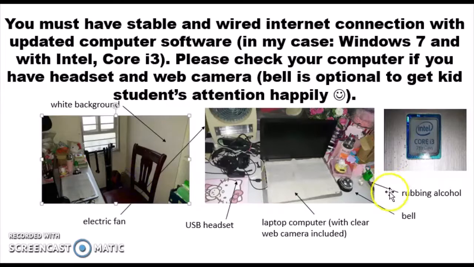And then, just to keep myself sanitized, I have rubbing alcohol and the white background over here. For other companies, it would be okay to use headphones and a smartphone or tablet.